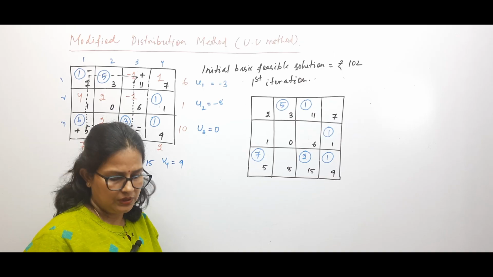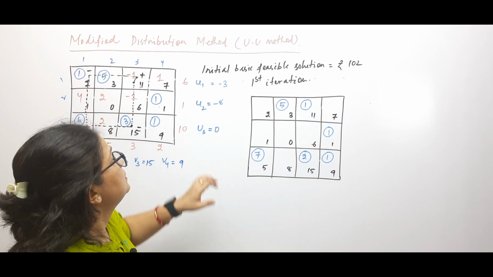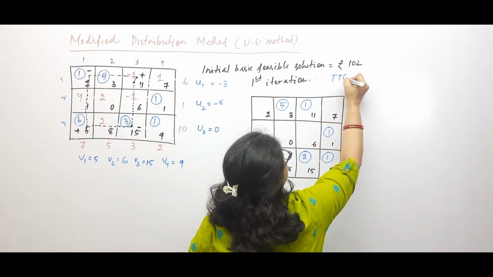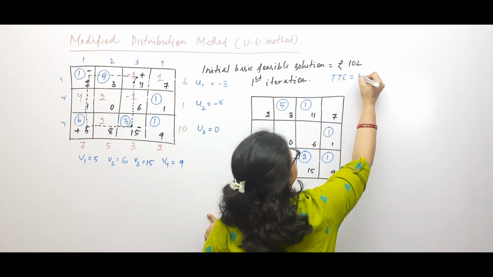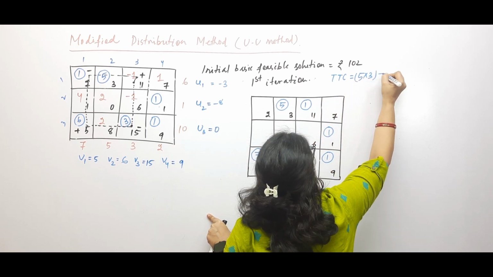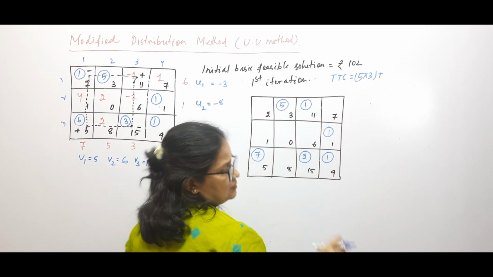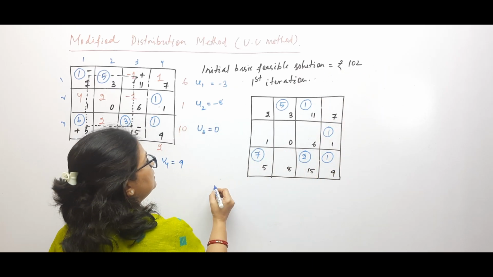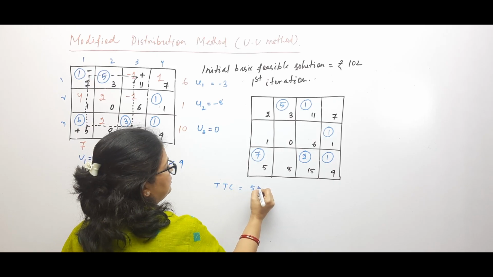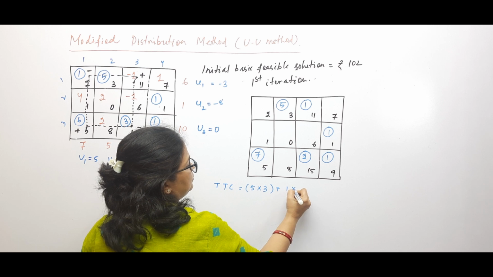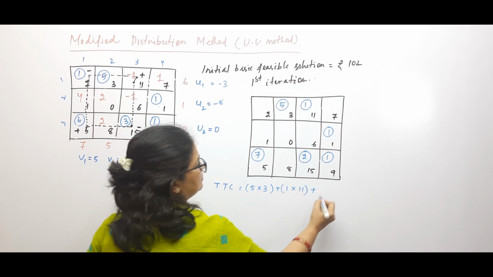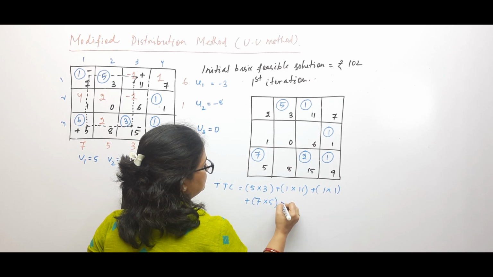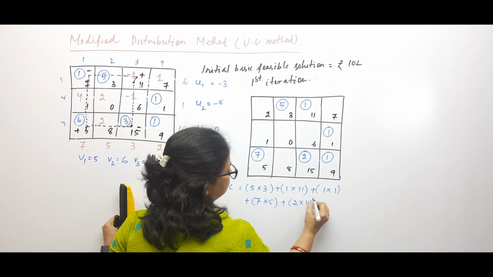Now we need to calculate the total cost. Let us calculate the total transportation cost, that is 5 into 3 plus 1 into 11 plus 1 into 1 plus 7 into 5 plus 2 into 15 plus 1 into 9.